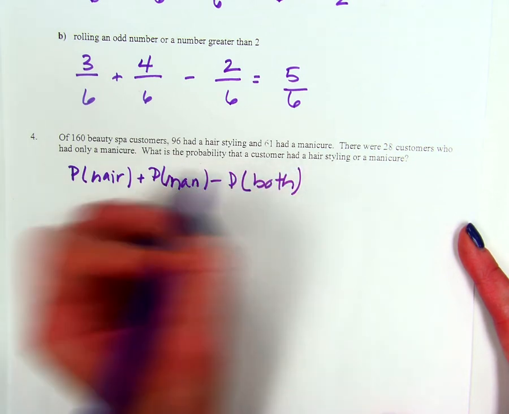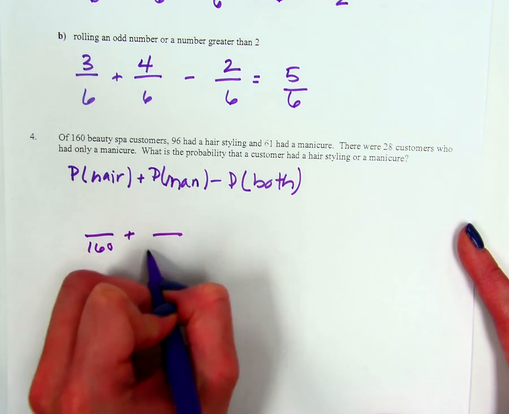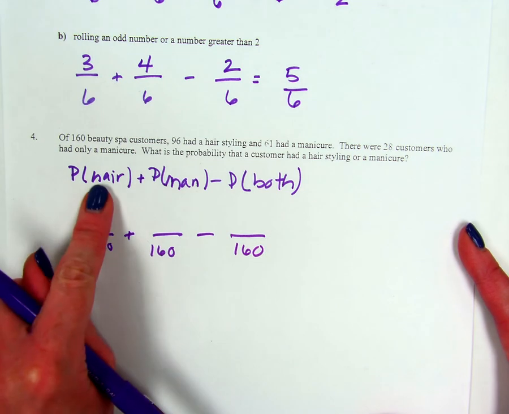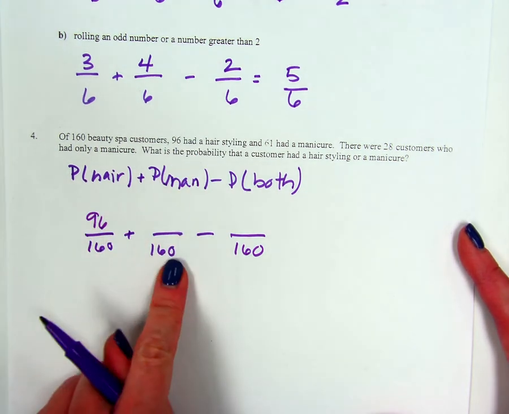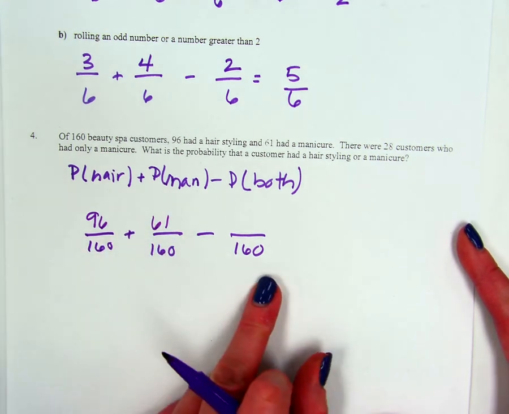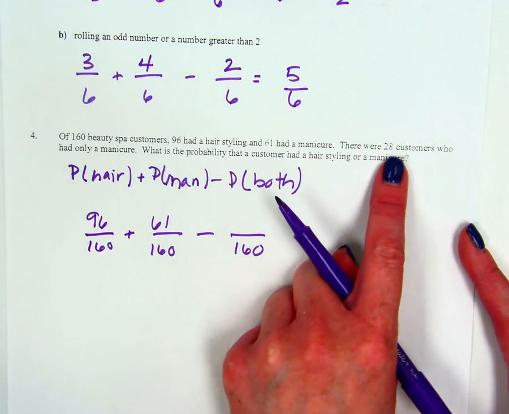So look at the information we have given. We have 160 as our total, so that goes in the bottom. How many did we have with hair? 96. And our manicure, we had 61. And those that had both, we have to figure out how many were both. It's not 28.